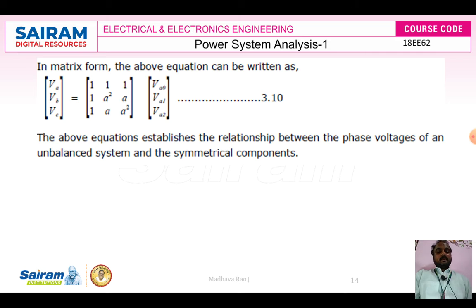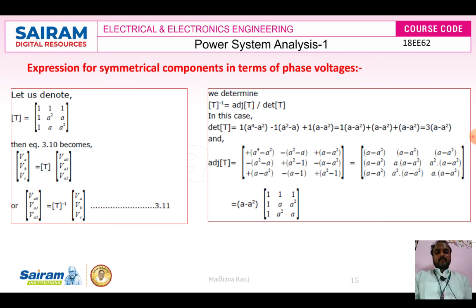The above equations establish the relationship between phase voltages VA, VB, VC of an unbalanced system and symmetrical components VA0, VA1, VA2. Next we will see the reverse: the expression for symmetrical components in terms of phase voltages.